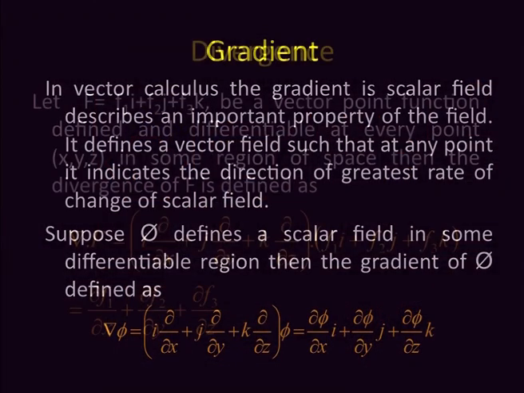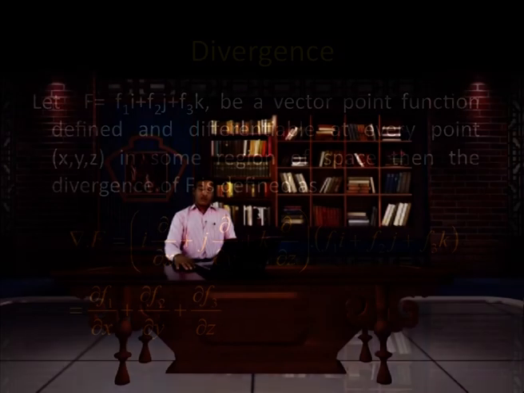Then an important vector operator del has been defined. Then the 3 vector identities, gradient, divergence and curl of a vector point function, have been discussed with examples, and these are interpreted physically. At last, second order vector identities are defined.